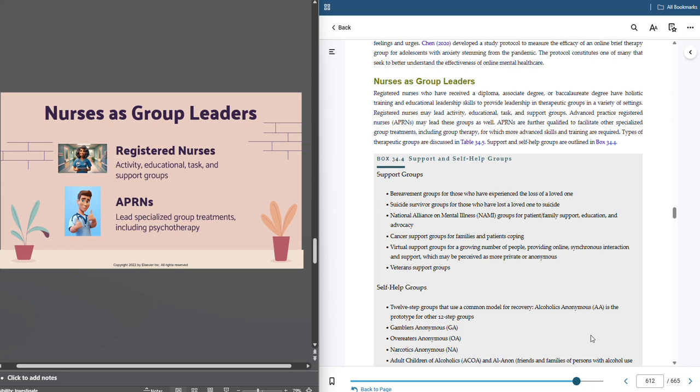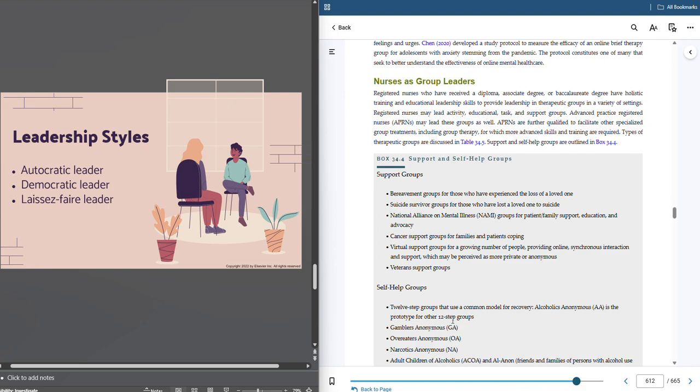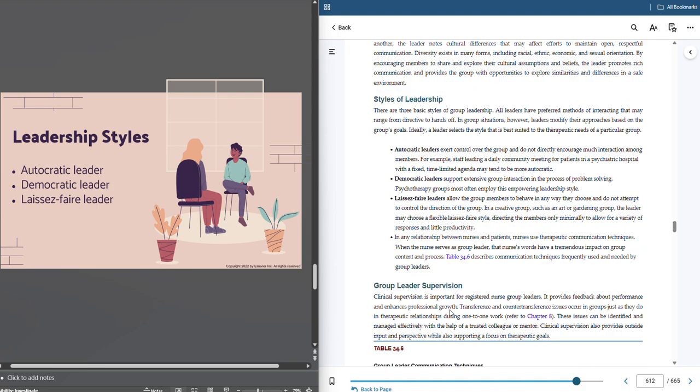Now, nurses as group leaders, again, your registered nurses can lead group therapy, and this can include activity, educational, task, and support groups. But those advanced practice registered nurses can also lead groups, but they can also facilitate more specialized group treatments such as psychotherapy. Leadership styles.